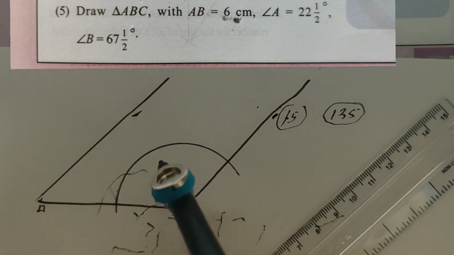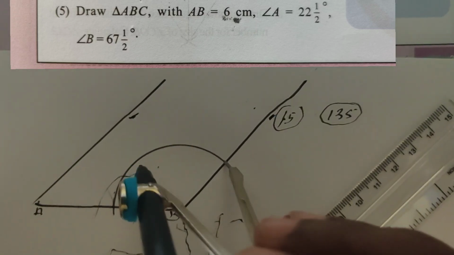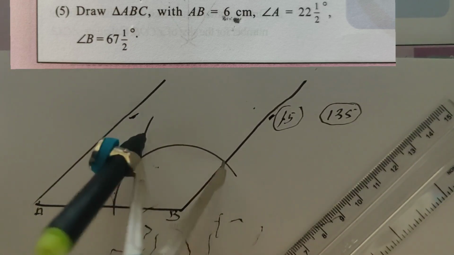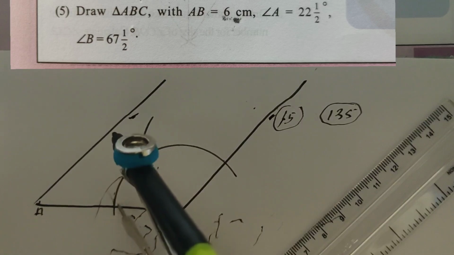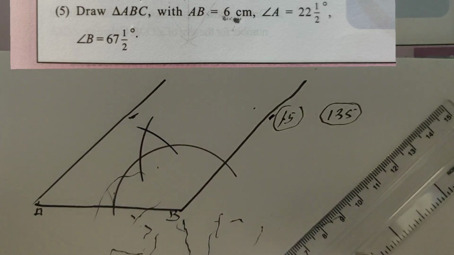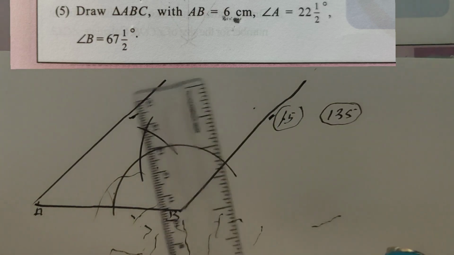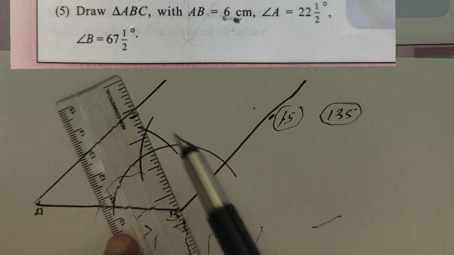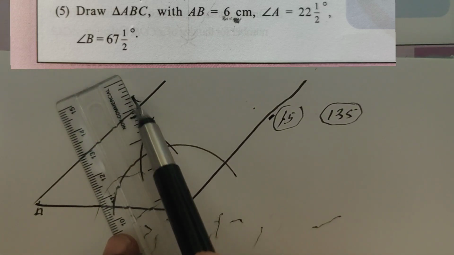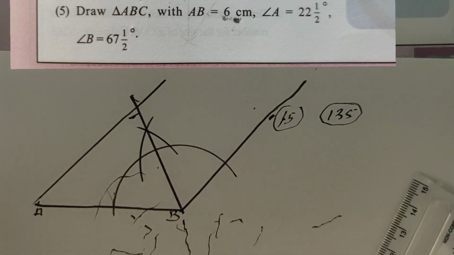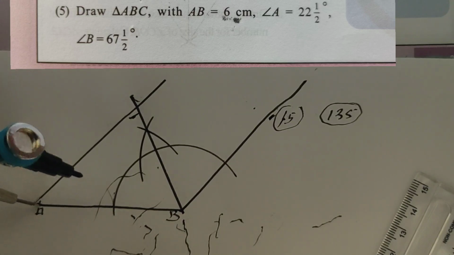The arc cuts the two legs, and from each of those points we construct another arc like this, and the two arcs intersect at a point. Joining this vertex and the intersecting point, we get which measure? The required measure, 67.5 degrees, is obtained here.